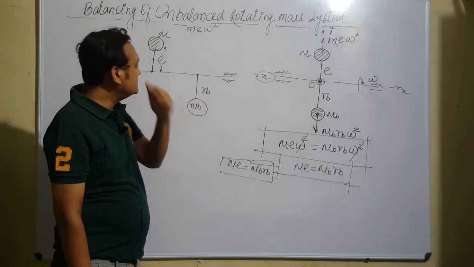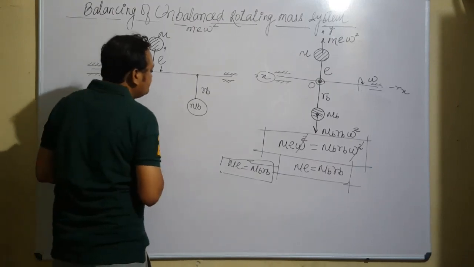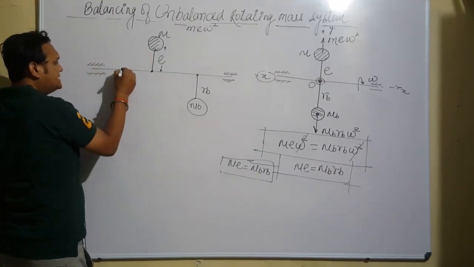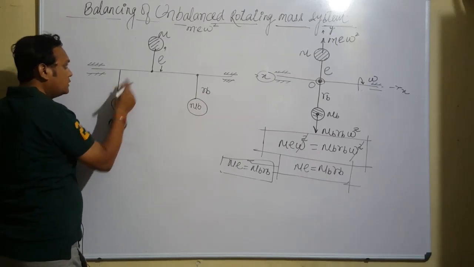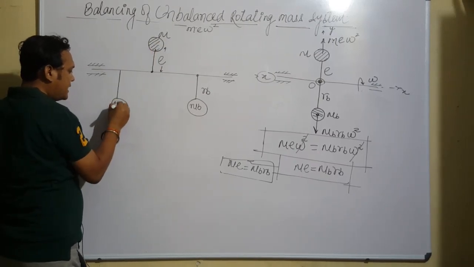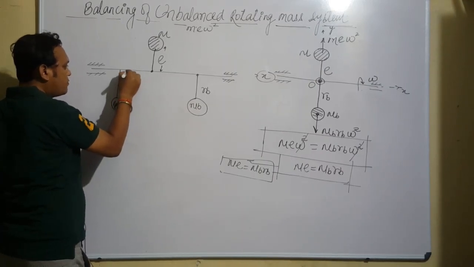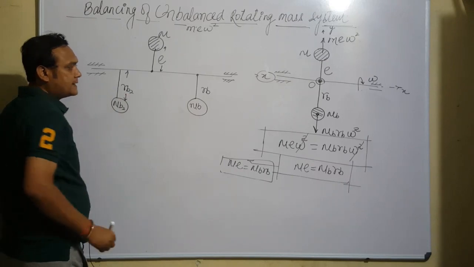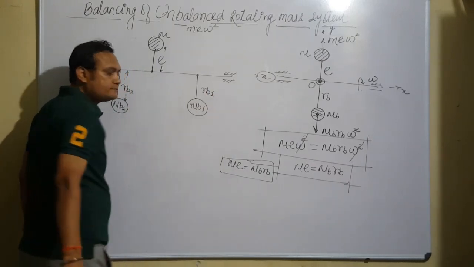Now there is one method to balance this also. Just imagine I attach one more balancing mass, MB2 at a radius RB2, 180 degrees opposite to the unbalanced mass, and the first one is MB1 at a radius RB1.